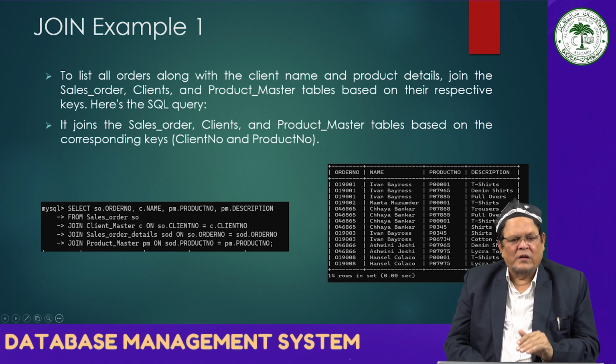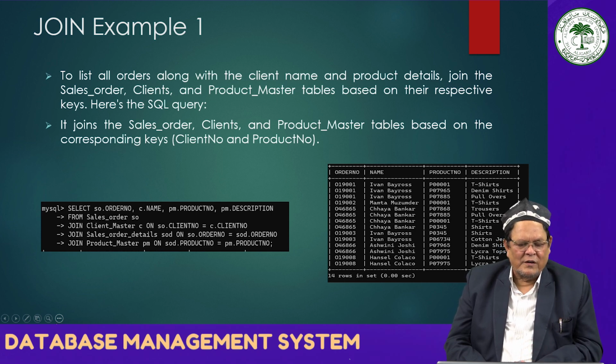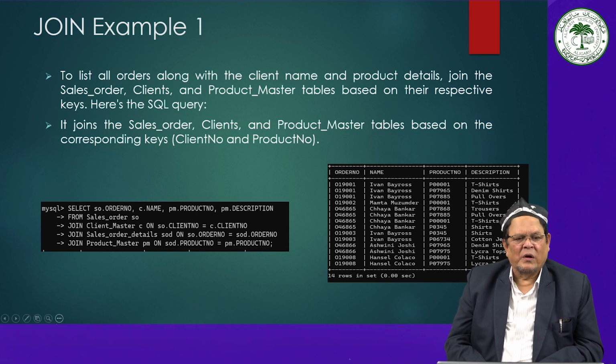Then also join sales order details, the short form SOD, on SO.order number is equal to SOD.order number. The third join is product master PM on SOD.product number is equal to PM.product number.